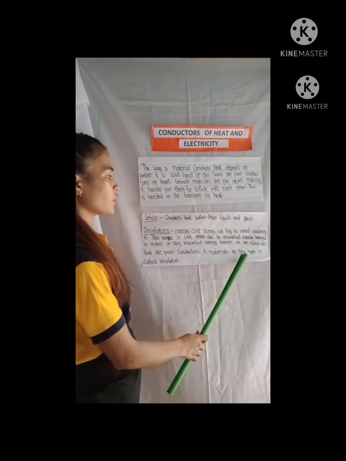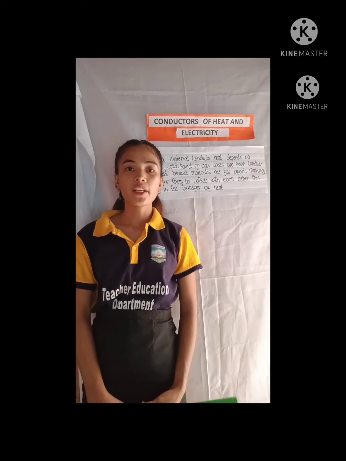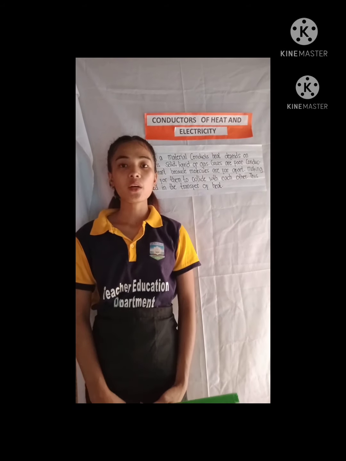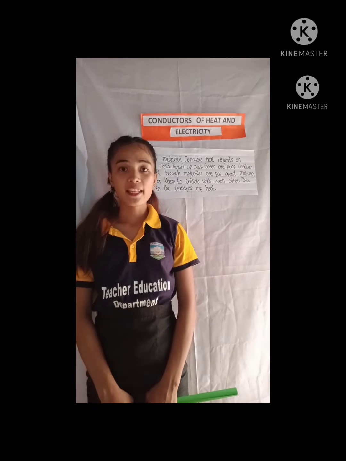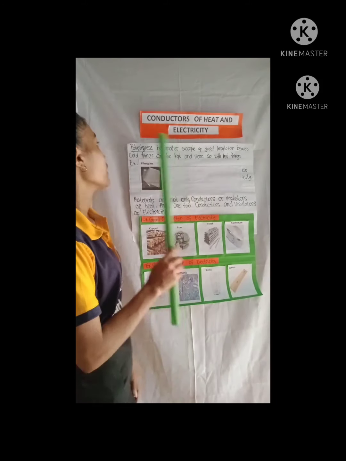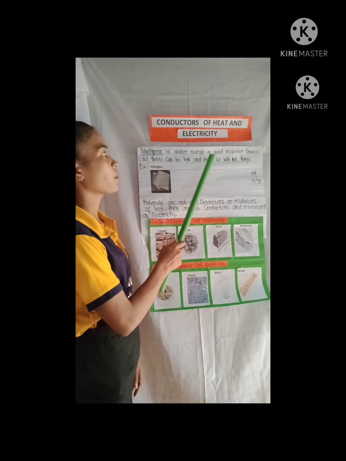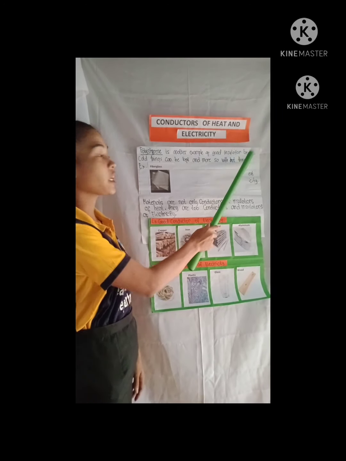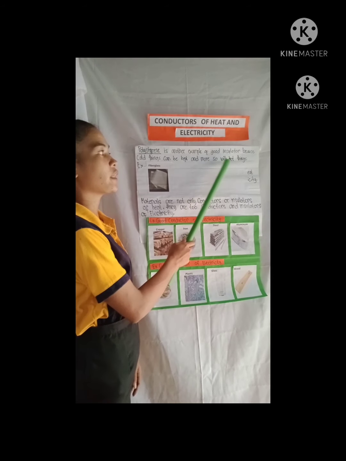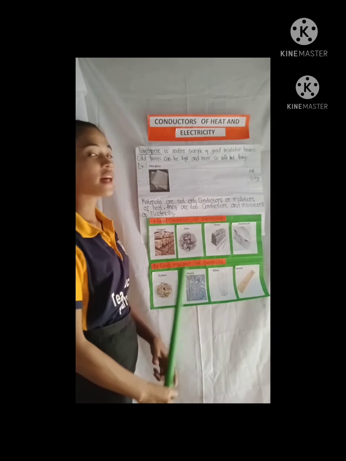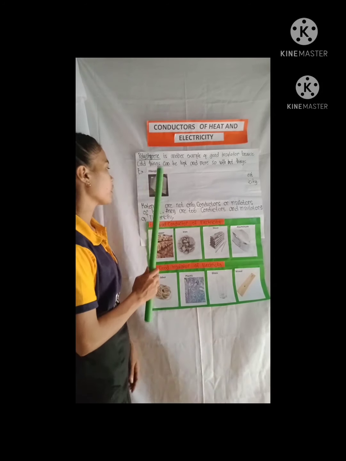A material of this type is called an insulator. An insulator is a material that does not allow heat or electricity to pass through it. Do you understand? So, let's proceed to polystyrene. Polystyrene is another example of a good insulator because cold things can be kept cold, and more so with hot things. An example similar to polystyrene is fiberglass.